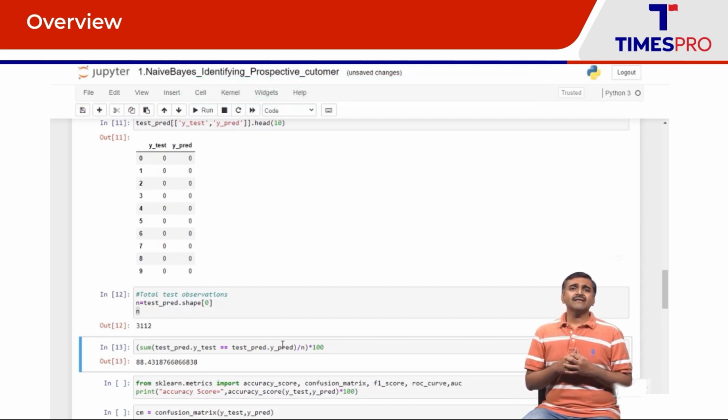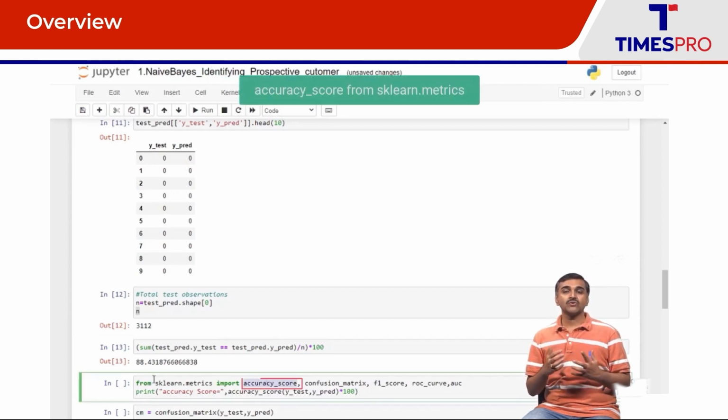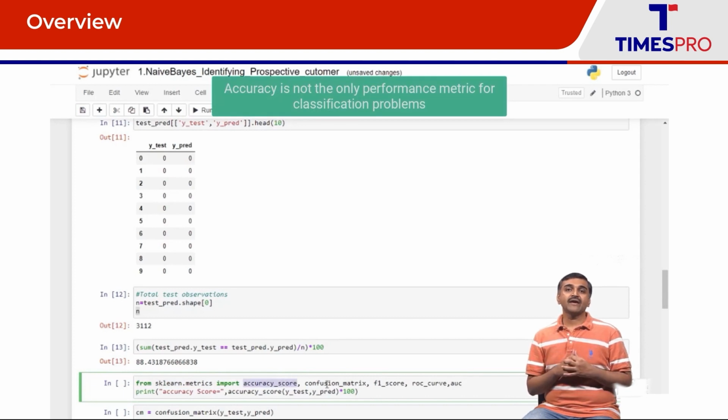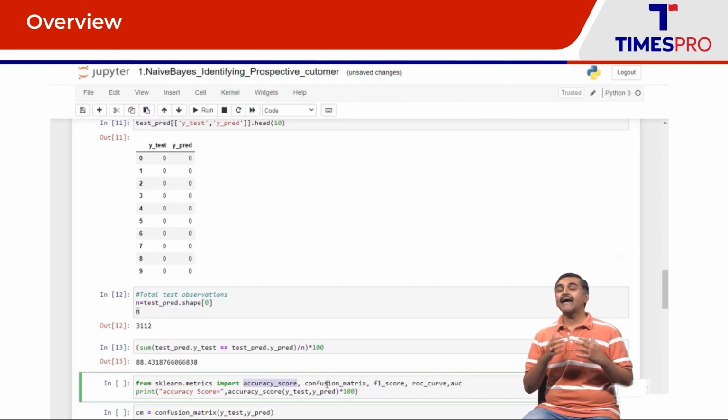I can even get this using a built-in method called accuracy_score from scikit-learn.metrics. I'm going to first import accuracy_score. Accuracy, by the way, is not the only performance metric for classification problems, so I also import the confusion matrix, F1 score, ROC curve and AUC.